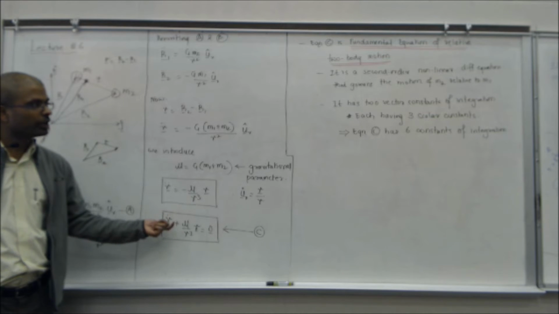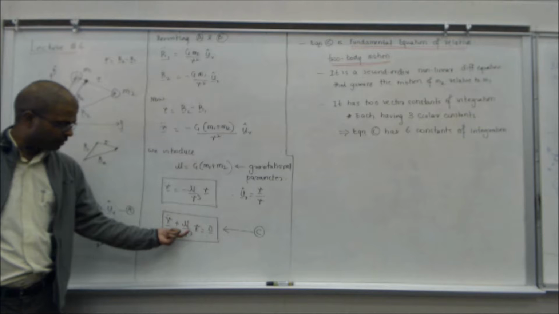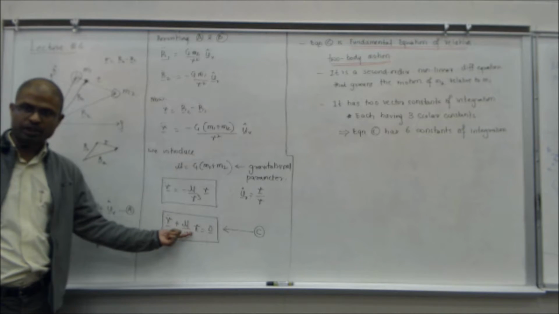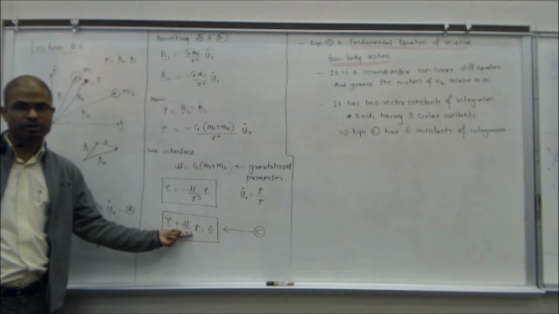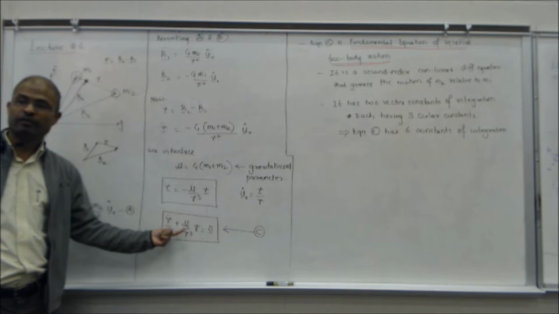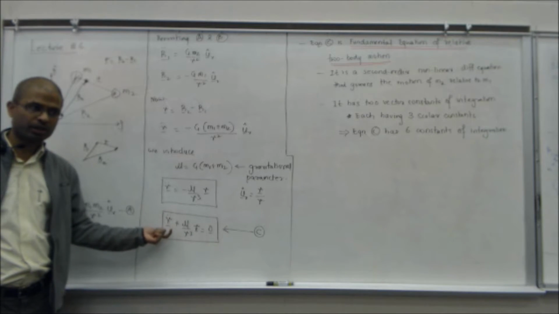What that means is, if we don't give the initial conditions, the integration will result in a constant, right? A constant of integration. The first time we integrate, we'll get one constant. The second time we integrate, we'll get another constant. It will have two vector constants, because this is a vector.